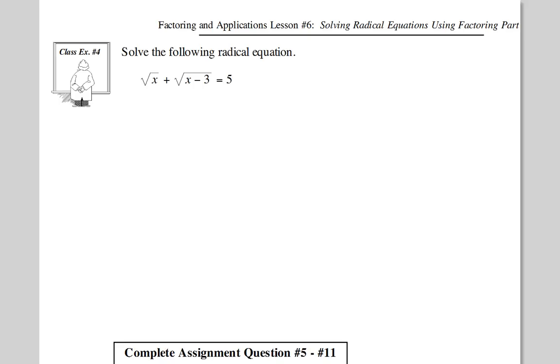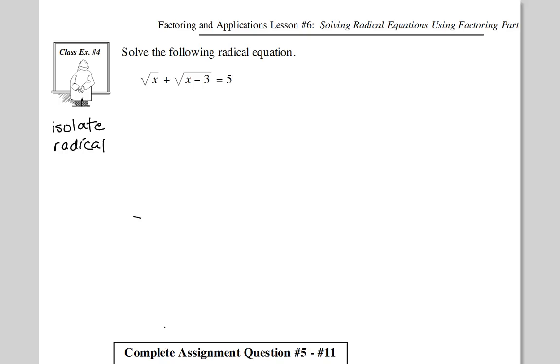Okay, class example 4. You are going to isolate the radical. You're going to say, well, Mr. Lineweber, I can't. I'll just give you a tip. If you square both sides right now, on the left you're going to have to FOIL out 2 radicals, and that's bizarre and hard.